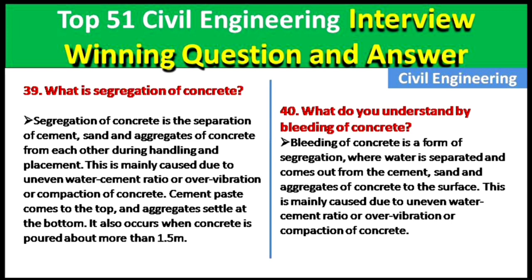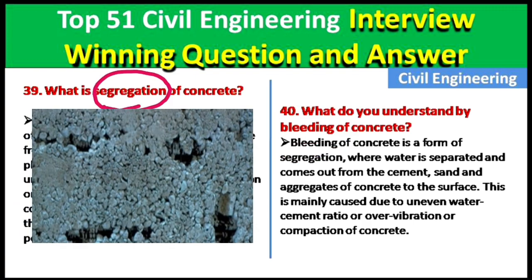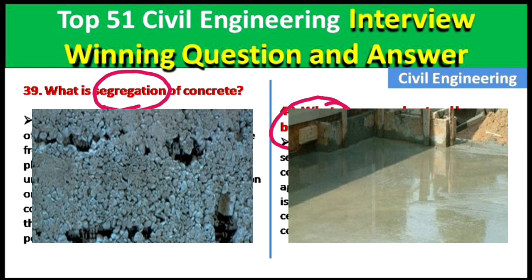For example, if we pour concrete here, then all the water from this concrete comes up above the concrete. This is known as what? Bleeding. You can see in the picture, this is known as segregation and this is known as bleeding in the concrete.